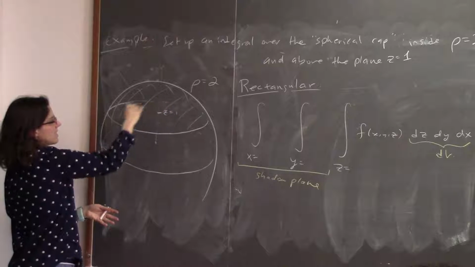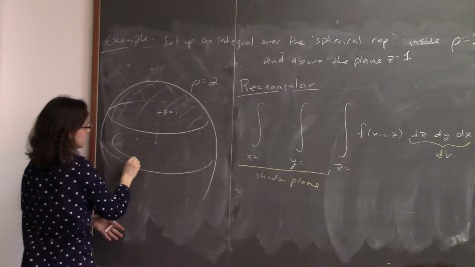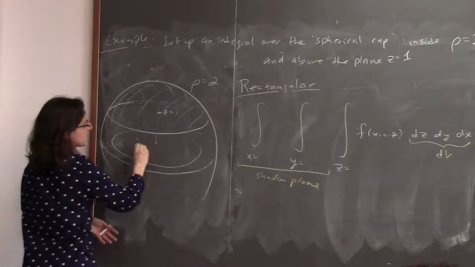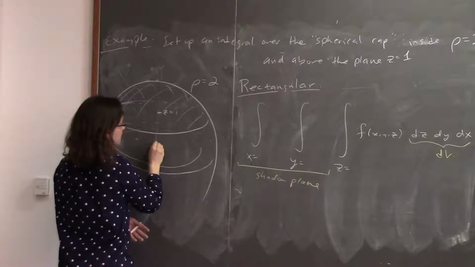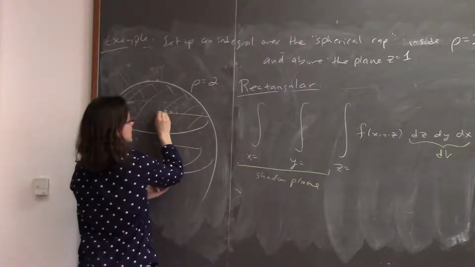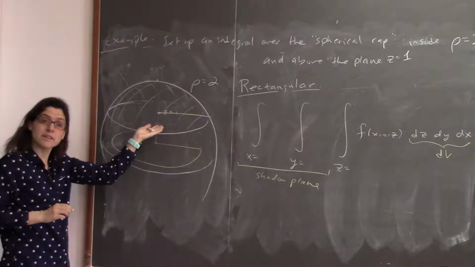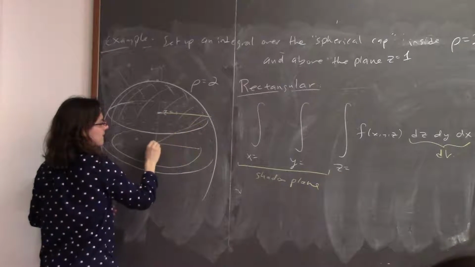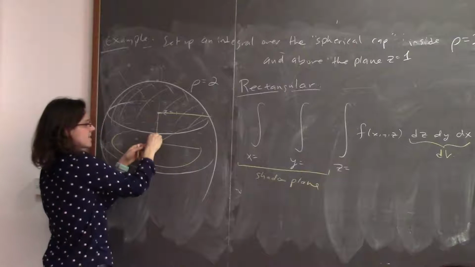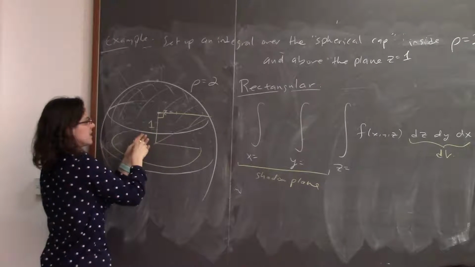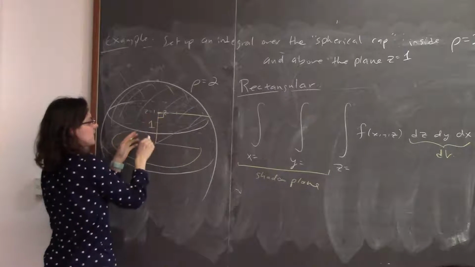So it's going to be some kind of a disk, a smaller disk, because it doesn't go all the way out to radius 2. And let's figure out what this radius is. To figure out this radius, it's the same as the radius up there on the plane z equals 1. And we can draw in a right triangle. The height, this small leg of the right triangle, is 1, because this was the plane z equals 1.